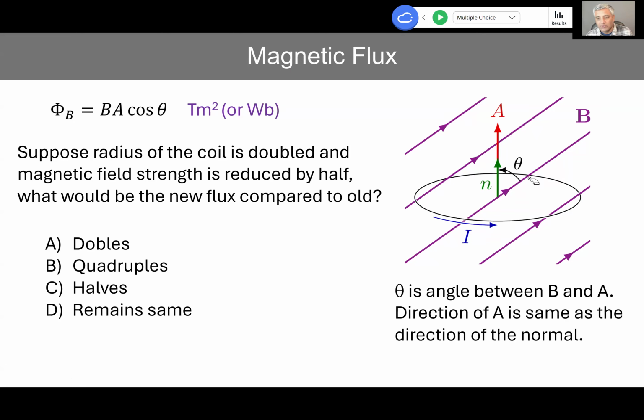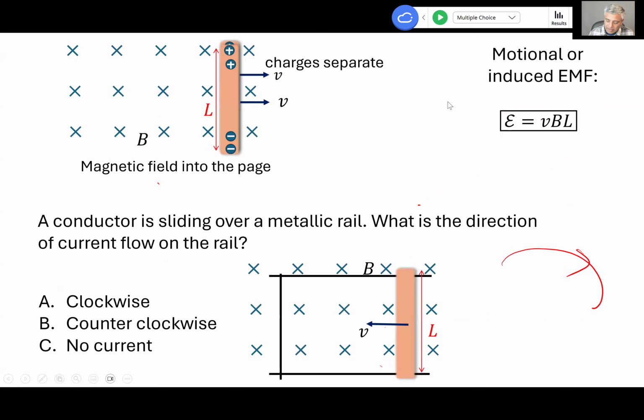So one way of induction is by moving a conductor. When a conductor is moving in a magnetic field, what happens? It induces electric current, EMF, and so on. And the EMF is given by this equation. And by the way, what is the current then? What is the value of current here?